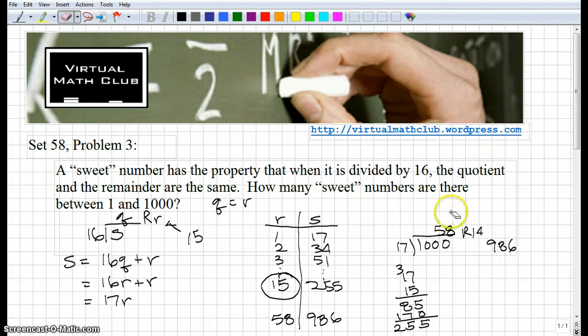So don't make the mistake that I did and think all multiples of 17 are sweet numbers. Even though the equation says that sweet numbers are multiples of 17, that doesn't mean all multiples of 17 are sweet numbers. So be careful. Your answer is 15.